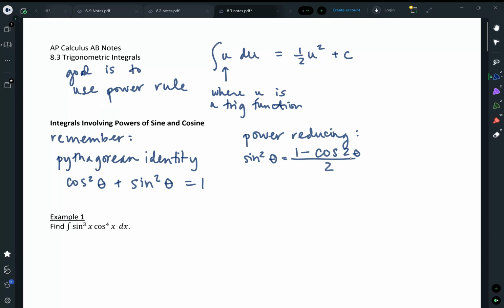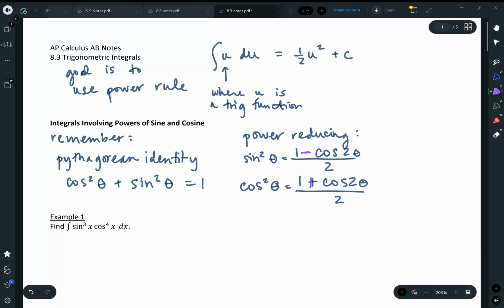I no longer have any squared, but my angle's doubling, and there's a minus sign there. That's the really big important part. And if I have cosine squared theta, that's going to be 1 plus cosine 2 theta over 2. So if it's sine, I have a minus. If it's cosine, it's plus. Either way, I'm doubling the angle.